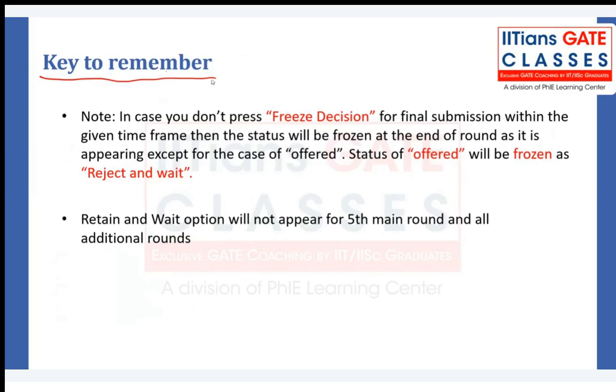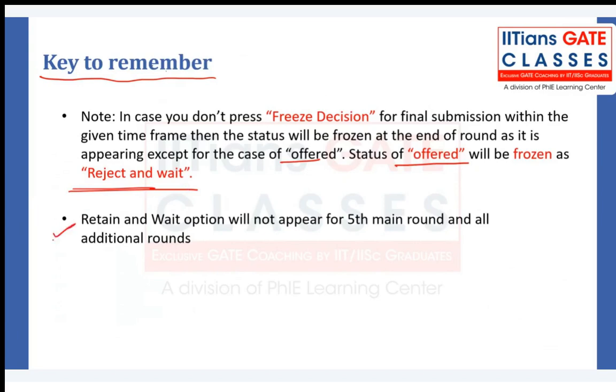If you don't press freeze decision for final submission within it, then the status will be frozen at the end of the round, except for the case of offered. The status of offered will be frozen as reject and wait, because you haven't chosen the freeze decision for final submission. Then they will think that reject and wait is the option, right?